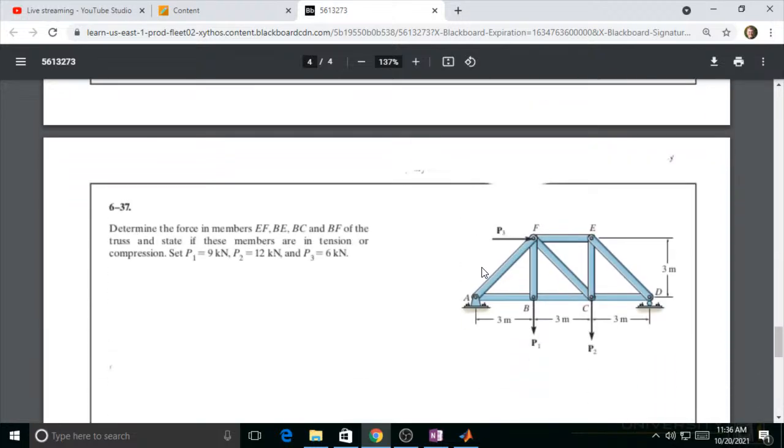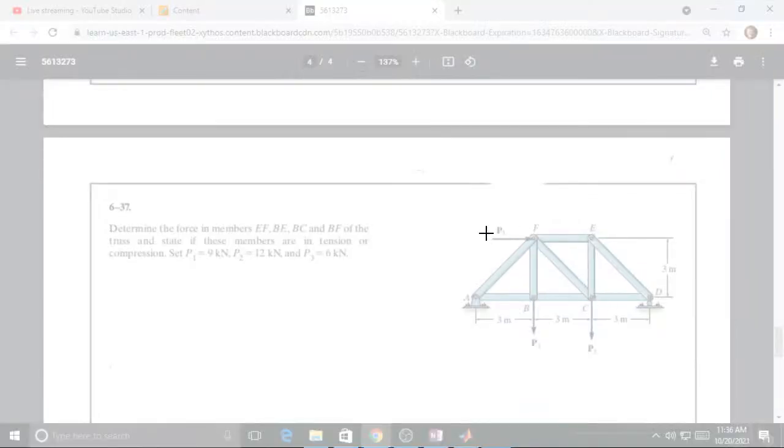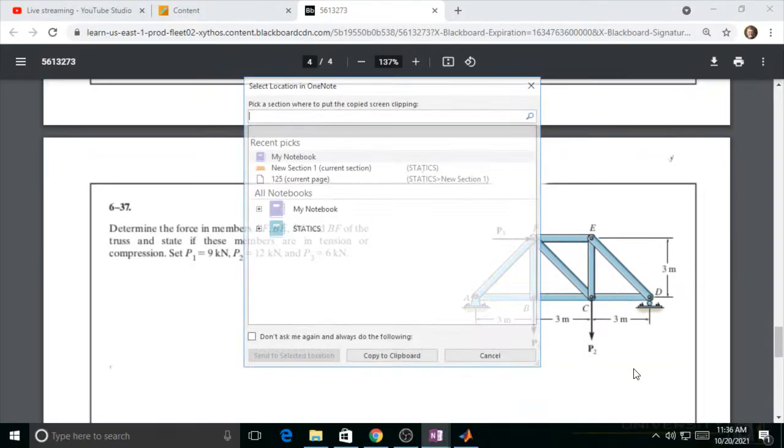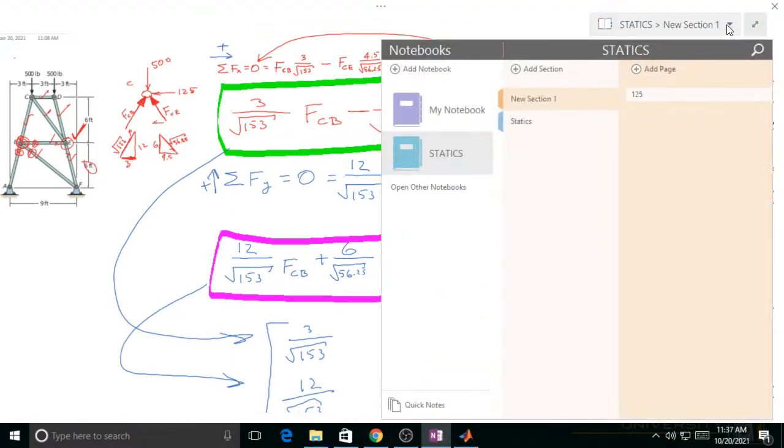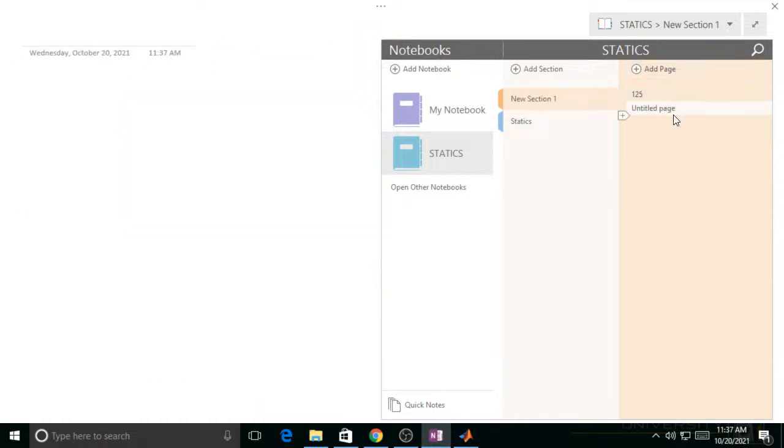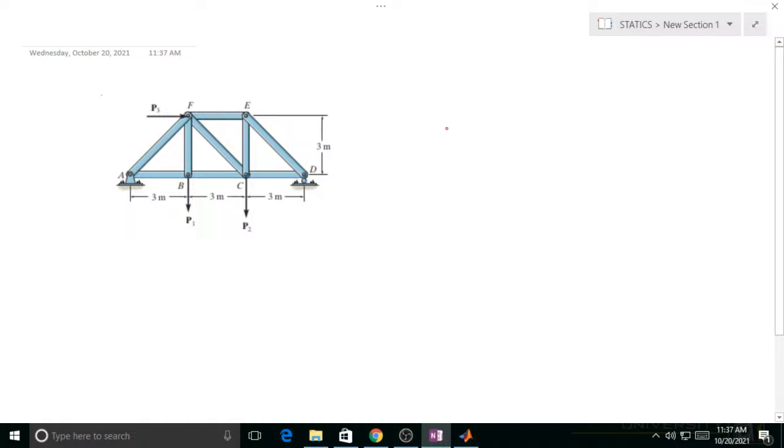So I think what we'll do is we'll just solve it. I might be able to do that in that amount of time, especially if it's 3 and 3, everything's 45 degrees. Let's see if I can do it real quick. Just try to go ahead, make a new page, drop it in there.